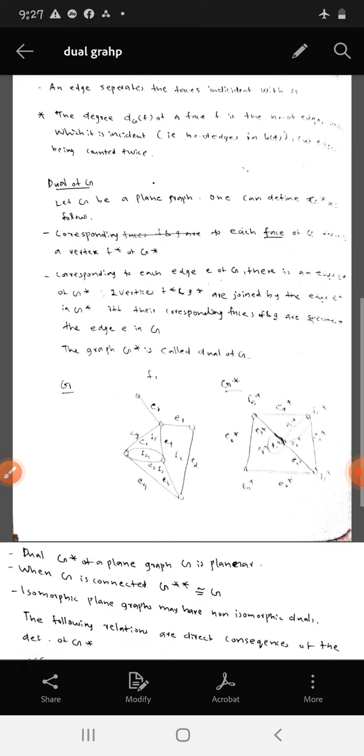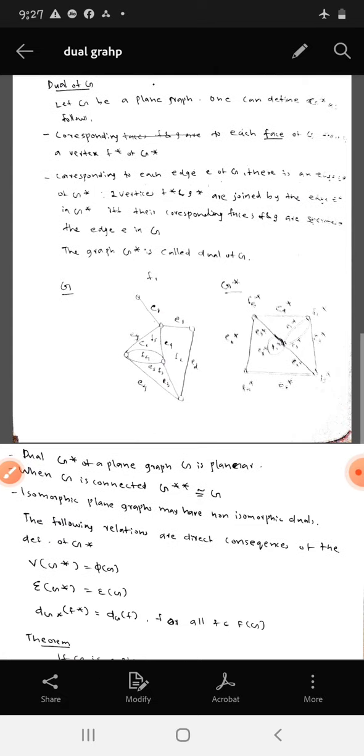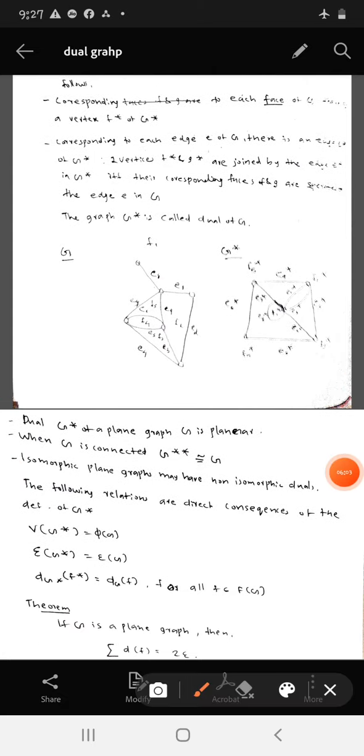Now consider the example. Here is the representation of G. This is the graph G. Here the exterior region is F1 and the other faces are F2, F3, F4, F5, with vertices and edges E1, E2, E3, E4, E5, E6, E7, E8.